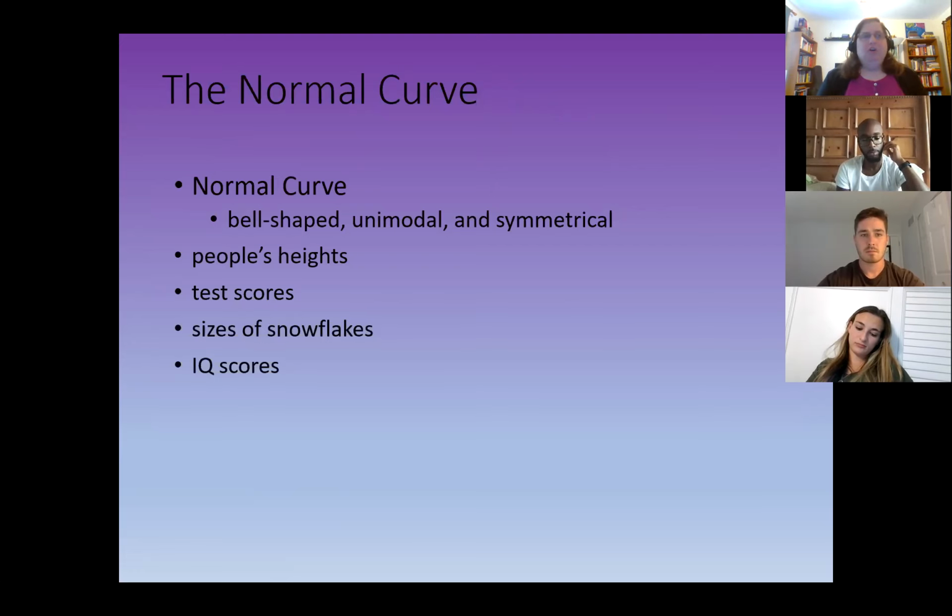Things that fall out with a normal curve are people's heights, although you tend to get different height distributions for different genders, but still it works out to be pretty normal. Test scores, as you've probably heard about, grades, IQ scores, and even sizes of snowflakes all have a normal curve distribution.